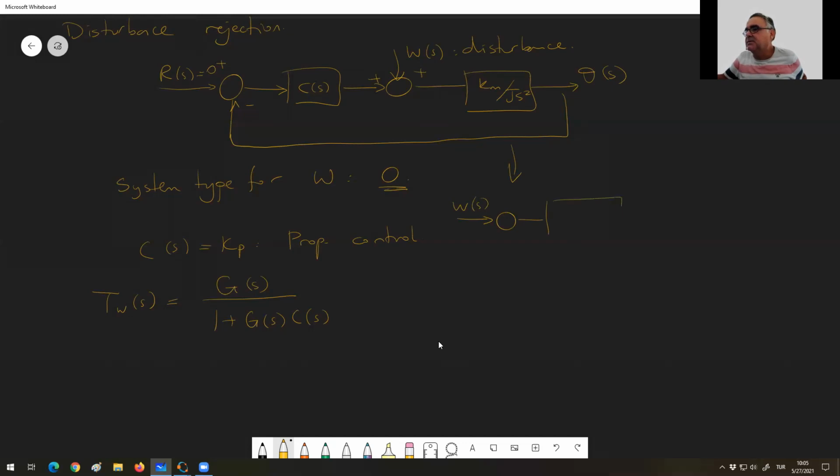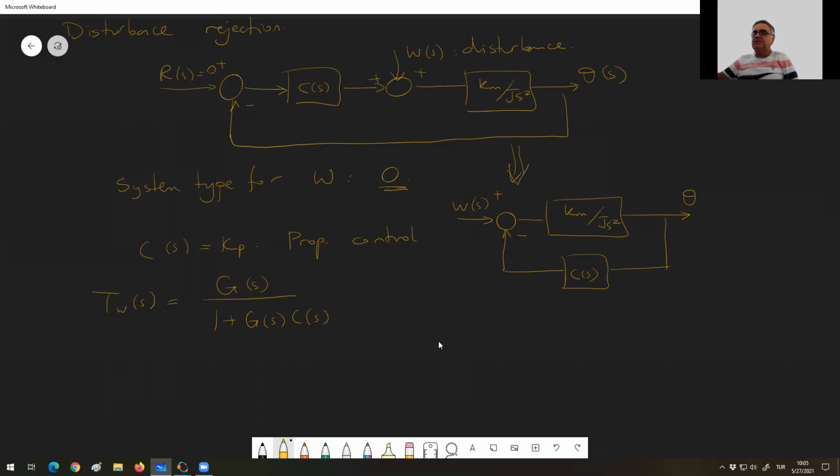This is the plant, Km over Js squared. This is theta. This is equivalent.